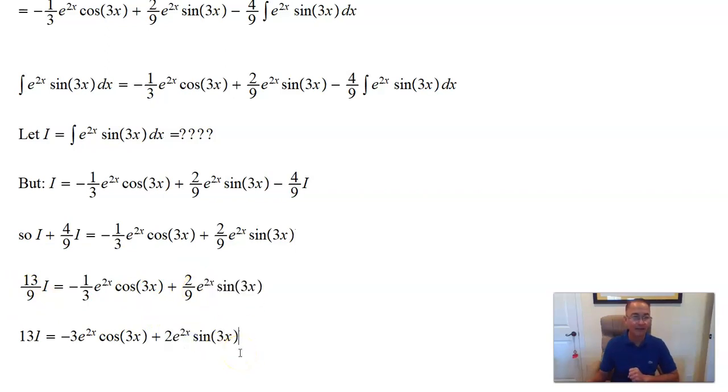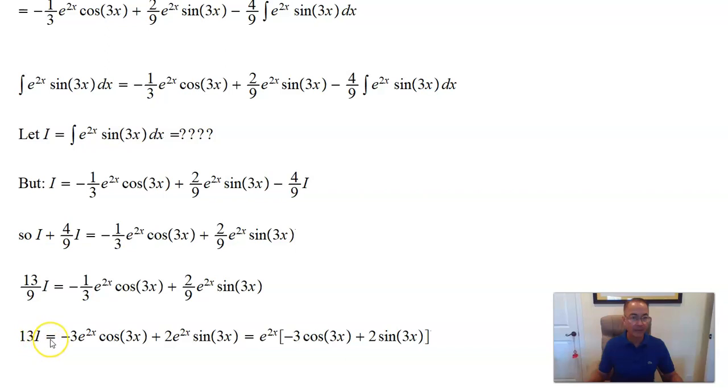All right, and if you don't mind, let's factor out that e to the 2x. It'll look nicer that way. So we get e to the 2x times bracket negative 3 cosine of 3x plus 2 times sine of 3x. There you go. That looks a little bit nicer.